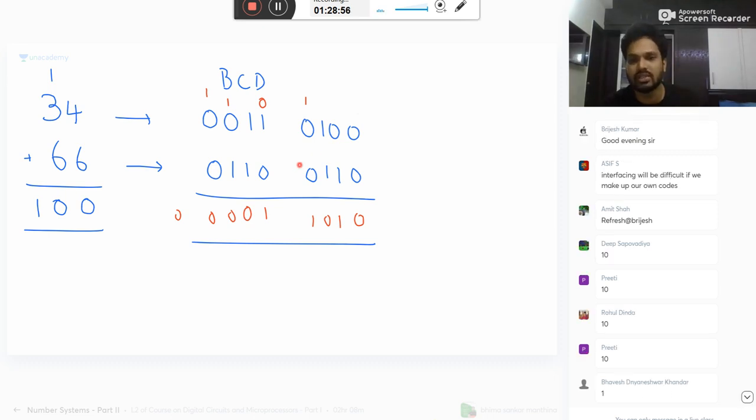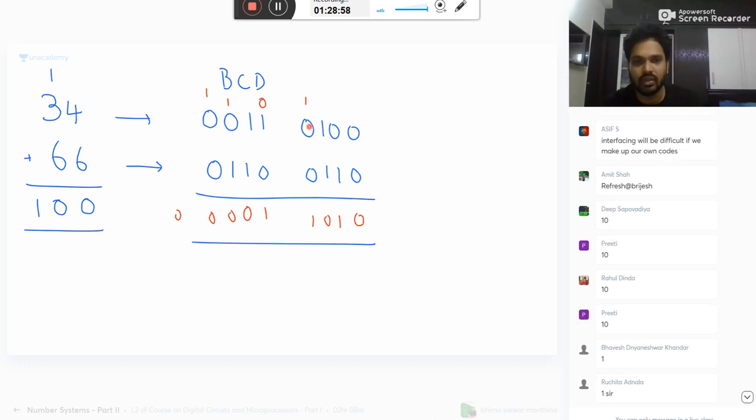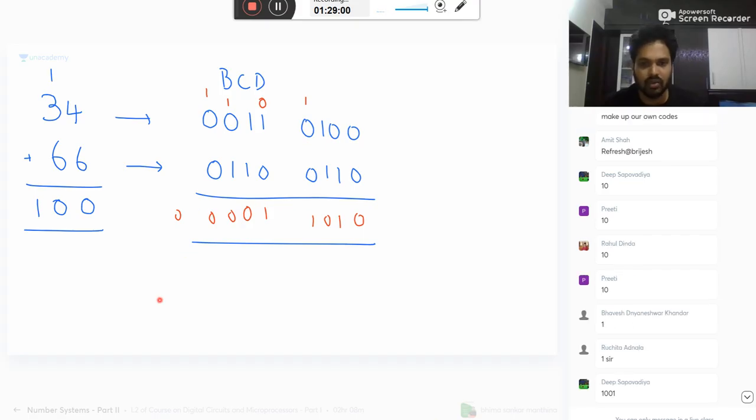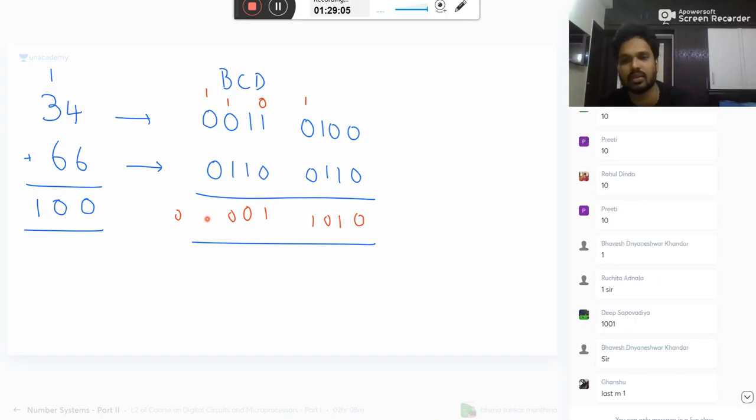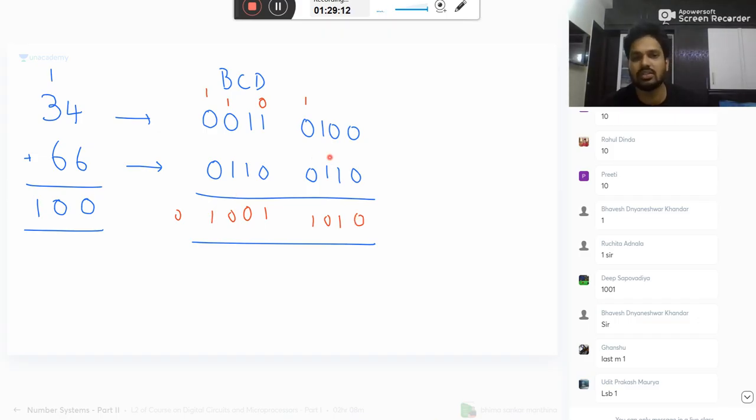What is that? 4 bits is called a nibble. This is the LSB side and this is the MSB side. So from here to here, whatever carry you are getting has a name called auxiliary carry. From here, whatever you are getting is what we call the main carry, the carry from the MSB, the most significant bit.